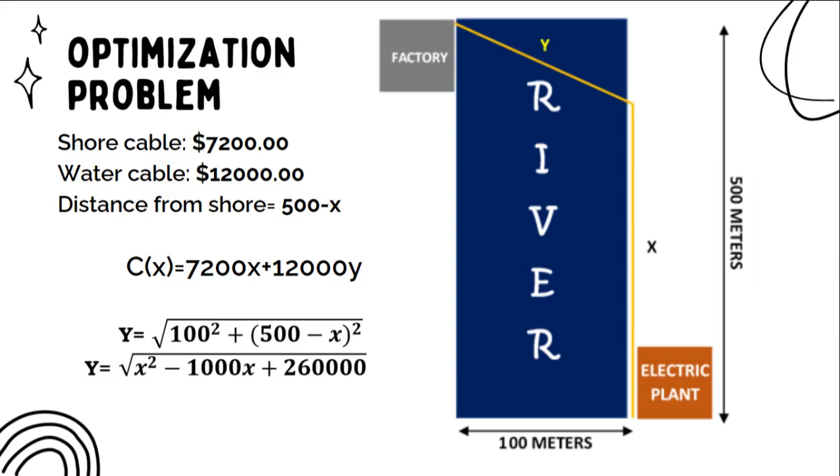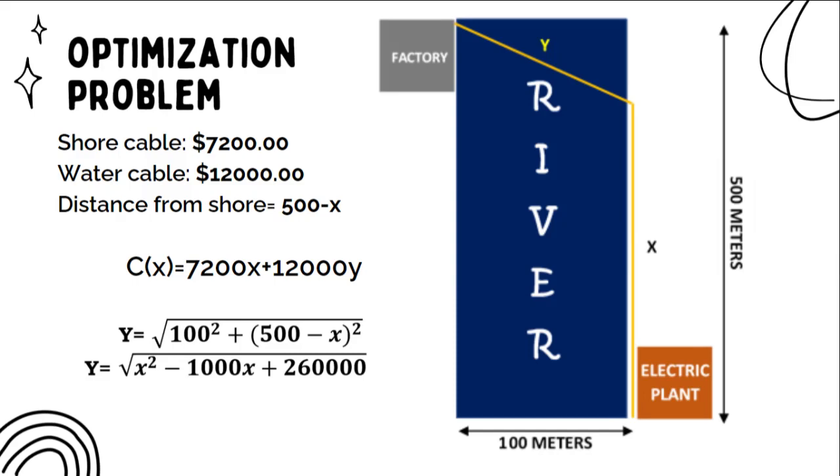As you can see, there are the data, the short cable cost and the water cable cost, and also the distance from the shore. There is the x minus 500, right?